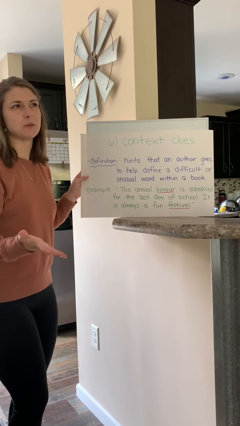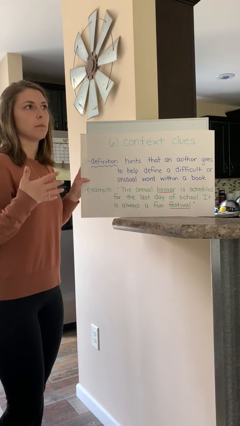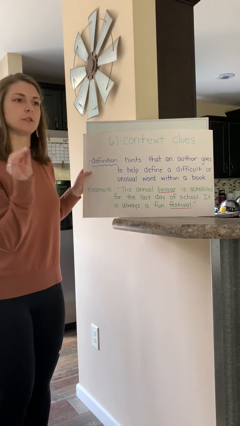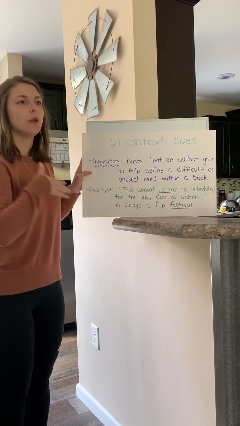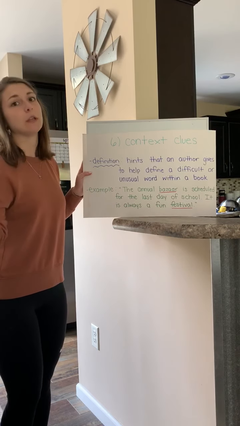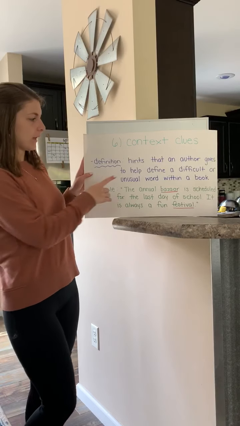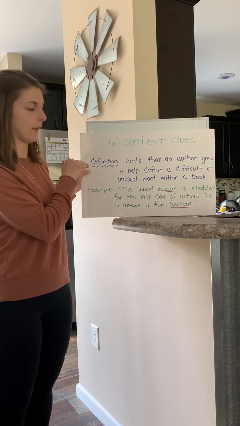And not only does it have to be a word, like the definition says, it could also be maybe the author uses indirect characterization, kind of describes a character in a certain way. If we read the context clues, we can figure out, oh, that character might be shy, or she's really funny, or she doesn't really have emotions yet. Okay, so they're not only for words, but in this instance, we're going to talk about them that way.